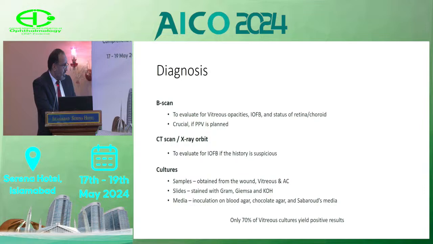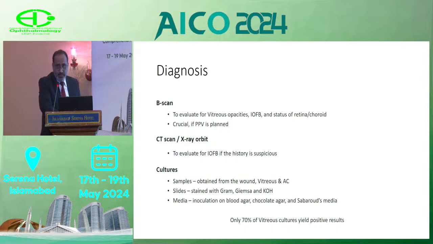CT scan and plain X-ray we just discussed previously. They evaluate for intraocular foreign body if it is suspicious, and it's relatively less costly, and very important information can be gathered. Culture samples should be obtained from the wound, from the vitreous, and from the anterior chamber, and slides should be stained with Gram, Giemsa, and KOH stain.